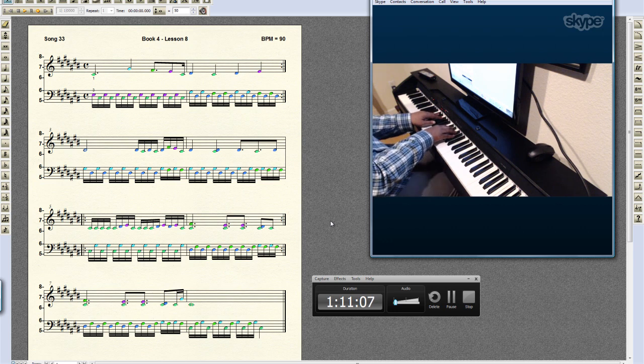Go back to now measure 3 and do just beats 3 and 4. 3 E and a, 4 E and a. Okay, good.